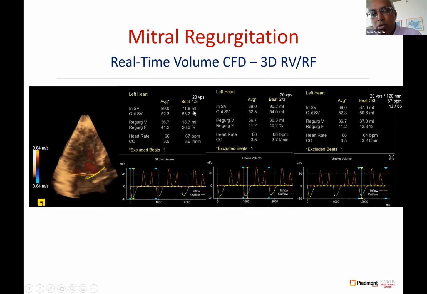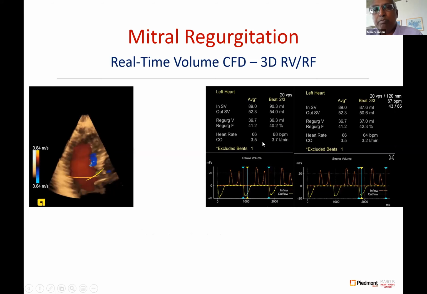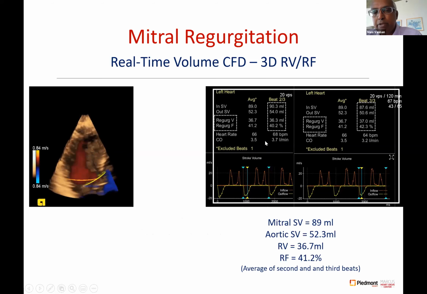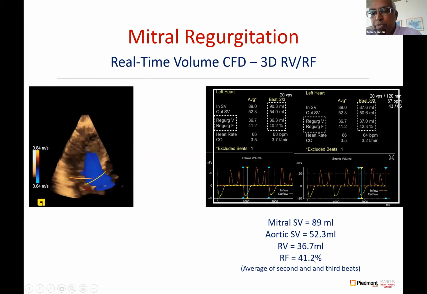We would leave that out for the reasons I just outlined and take the average of beat 2 and beat 3, and we get a mitral stroke volume of 89, aortic stroke volume of 52, regurgitant volume of 37, let us say, and regurgitant fraction of 41%, all consistent with moderate mitral regurgitation.